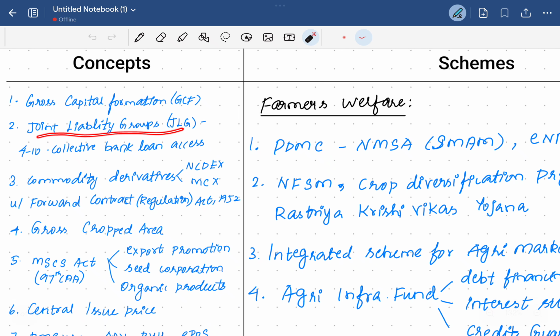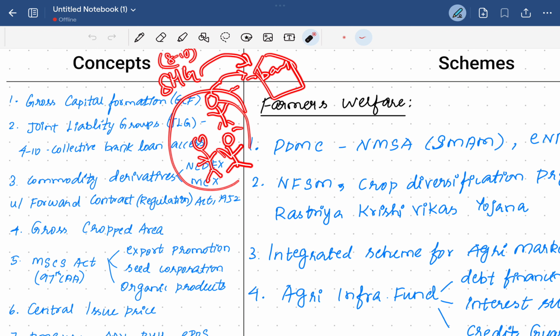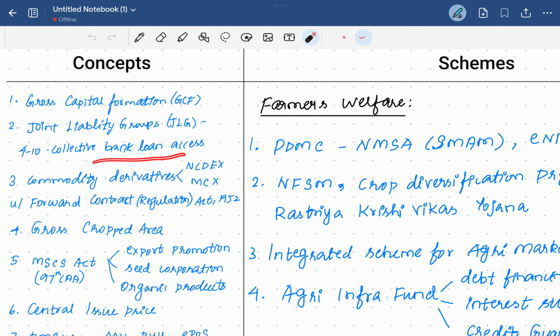Then the next one is the joint liability groups, nothing but instead of a single person going to a bank and asking for a loan, if there are more people, for example a self-help group of some 8 to 10 people, collectively approaching a bank for their loan for any activities, then these groups are known as joint liability groups, for collective bank loan access.